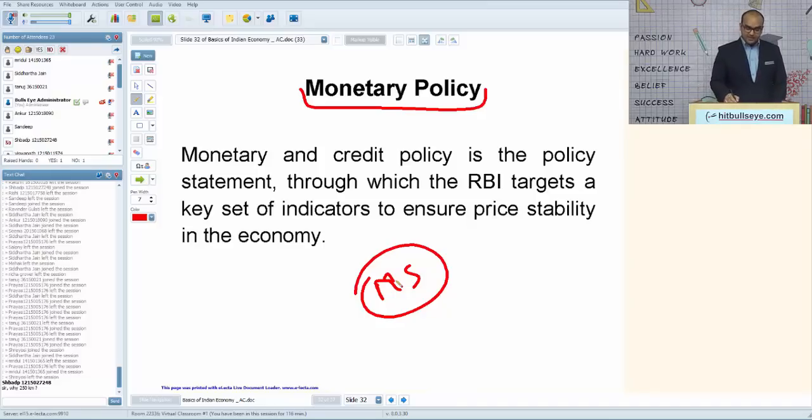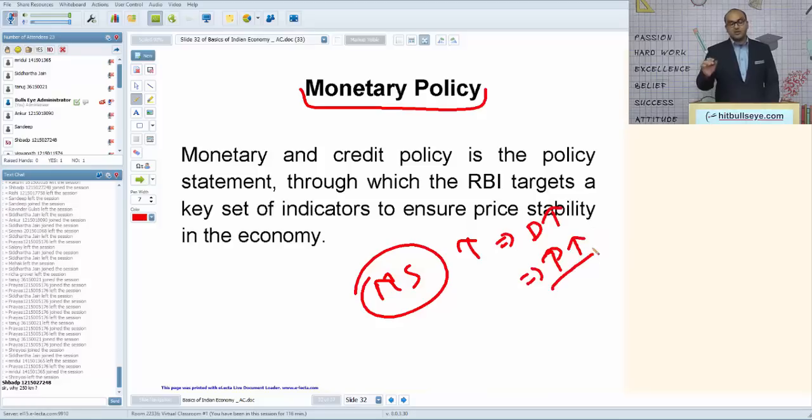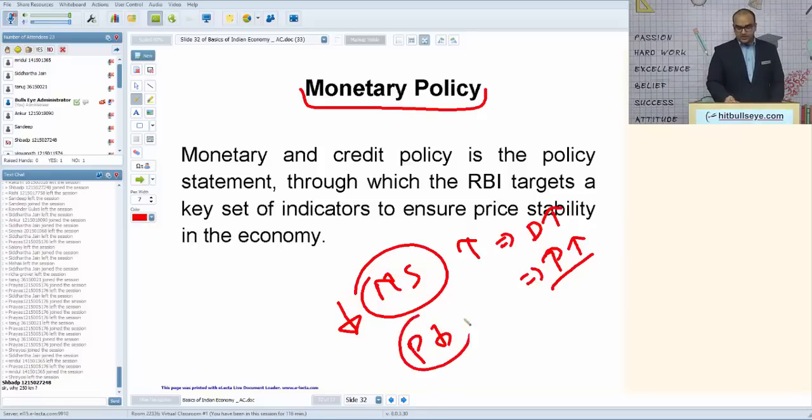You can very well imagine, if the money supply increases, that is money in people's pockets increases, demand will increase, which will lead to an increase in prices or inflation. So if the inflation is very high and the RBI wants to control it, it will reduce money supply using its various tools of monetary policy and lead to a reduction in prices or controlling inflation.